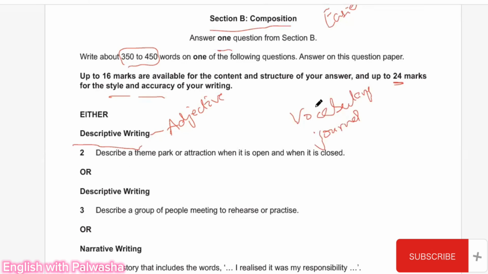What's a vocabulary journal? A vocabulary journal is basically, for example, if I'm teaching you from the very beginning, I'll be giving you the vocabulary. If I share a good word, you are going to jot down those words.